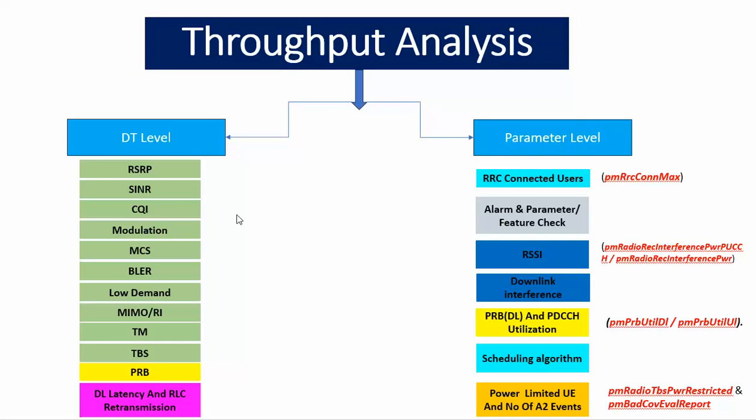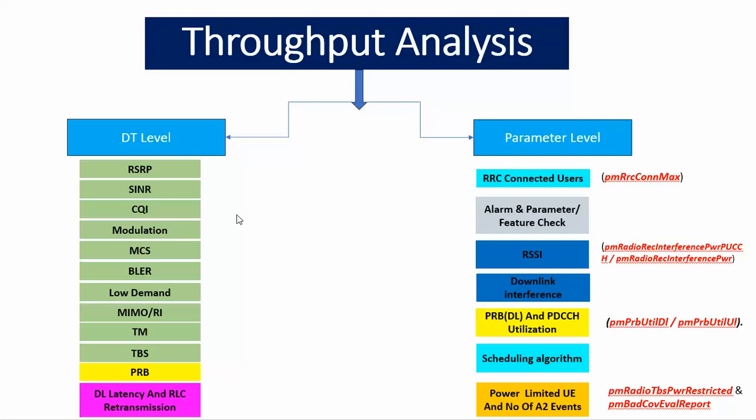First of all, we should check site availability. Sometimes the site is fluctuating, going down and up within 2 or 3 seconds, and that also affects it, so need to check nearest site availability, alarms, and parameter and feature status, like CA.